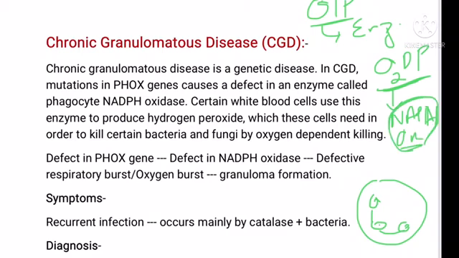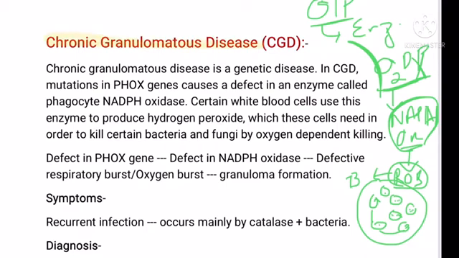This NADPH oxidase utilizes oxygen, forming reactive oxygen species, and these reactive oxygen species then kill the bacteria. All this process happens inside the neutrophil. If this pathway is defective, there will be no killing of bacteria inside the neutrophil, so giant granules with bacteria start to form.